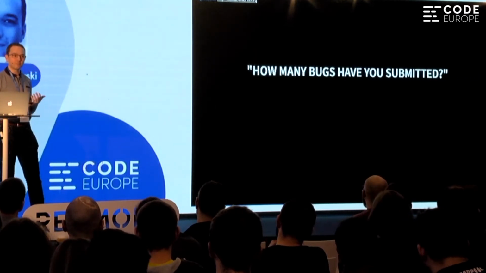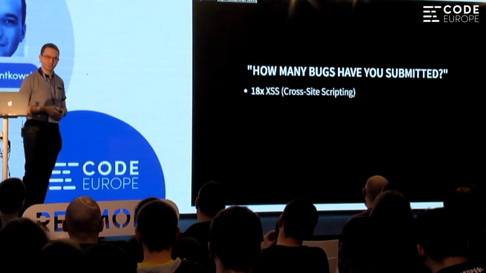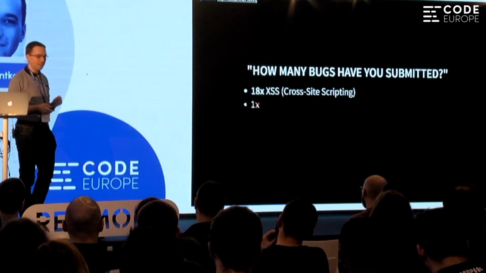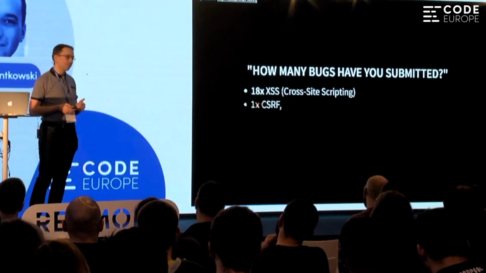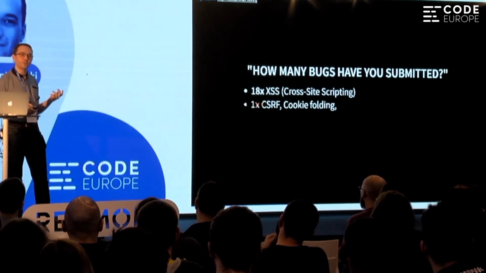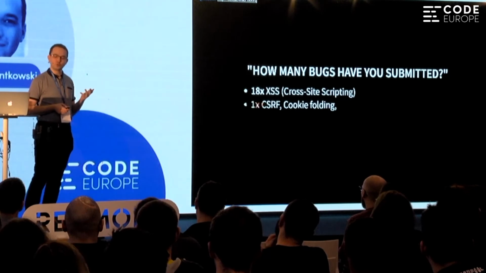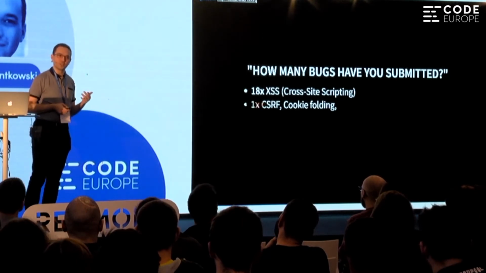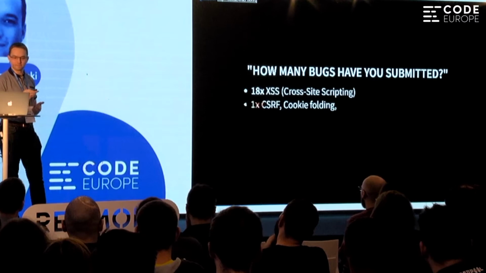With regard to the type of the bugs, it was mainly XSS issues, 18 XSSs, and 1 of cross-site request forgery, cookie folding. It was a bug that worked only in Safari, with which you could set an arbitrary cookie in a mail.google.com domain.